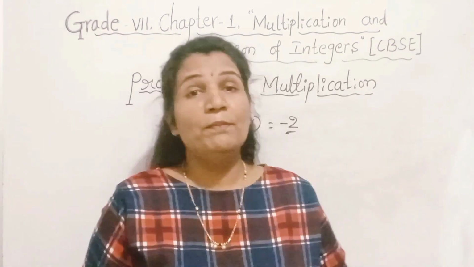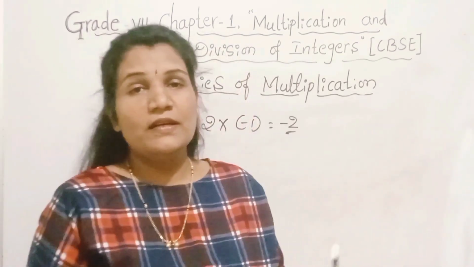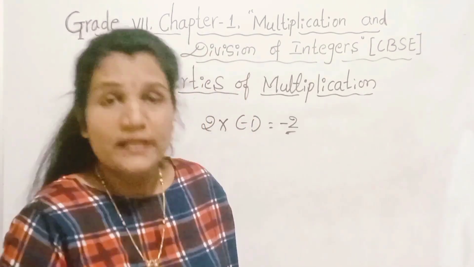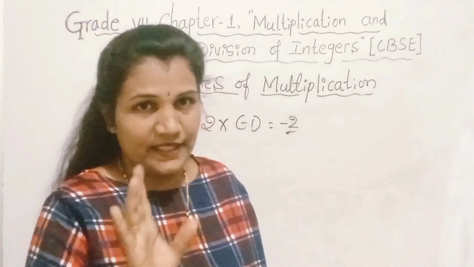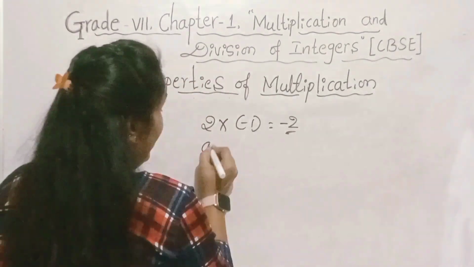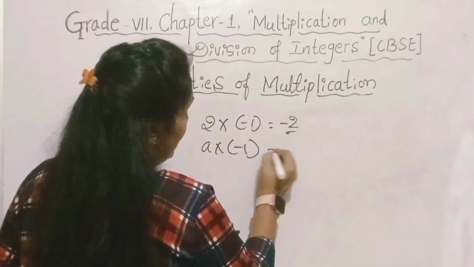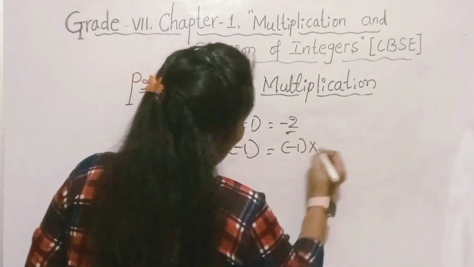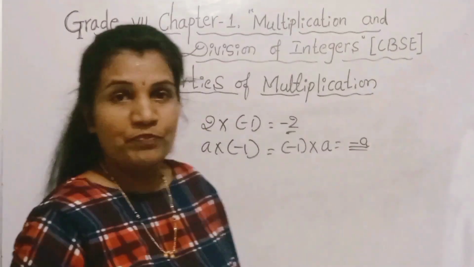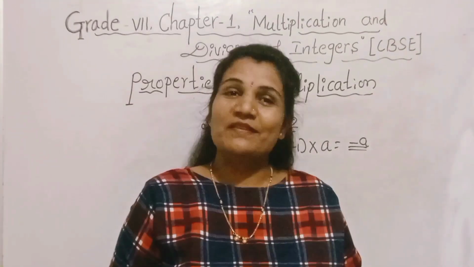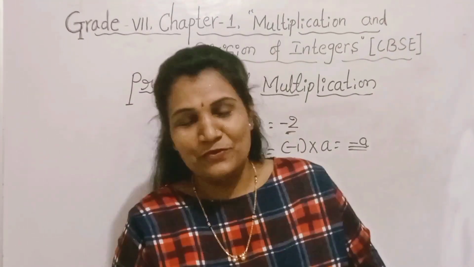It means a into minus 1 is equal to minus 1 into a is equal to always minus a. A into minus 1 is equal to minus 1 into a is equal to minus a. This is called multiplication by minus 1.